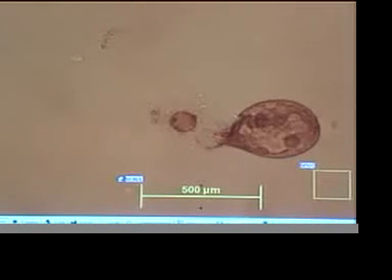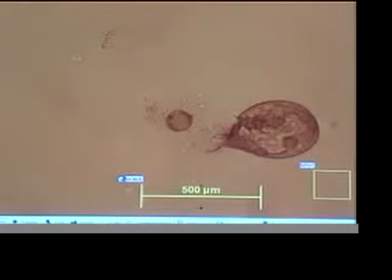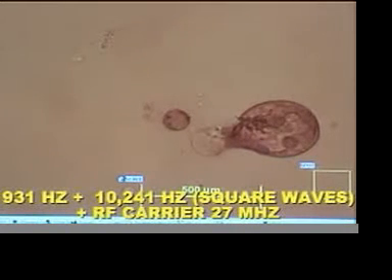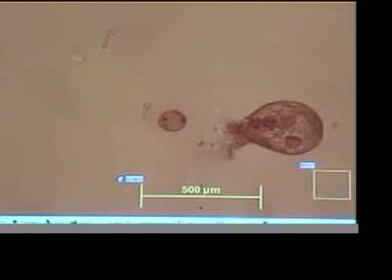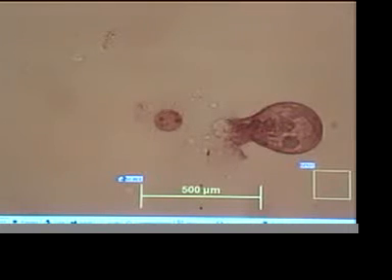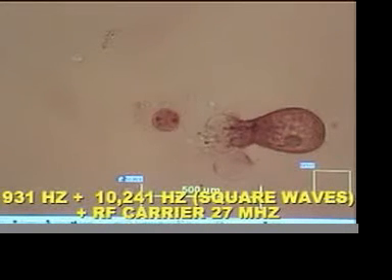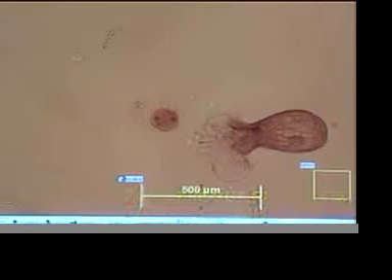It's being hit with two frequencies, 931 Hertz plus its 11th harmonic, which is 10,241 Hertz, and these are both amplitude modulated onto a radio frequency carrier wave of approximately 27 megahertz. This is happening on September 28th, 2007.